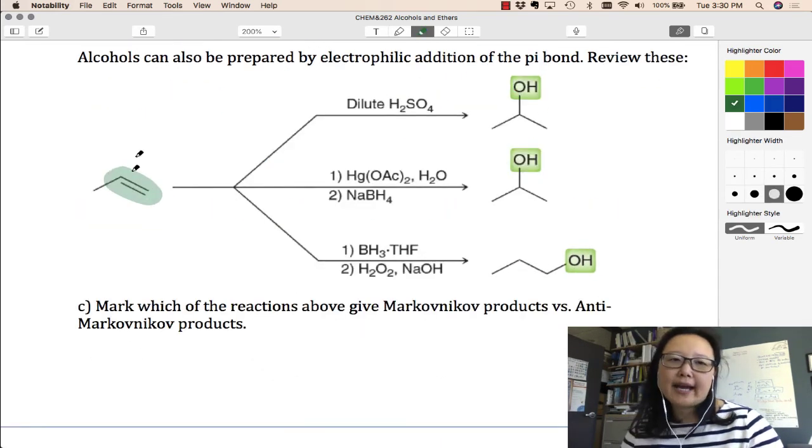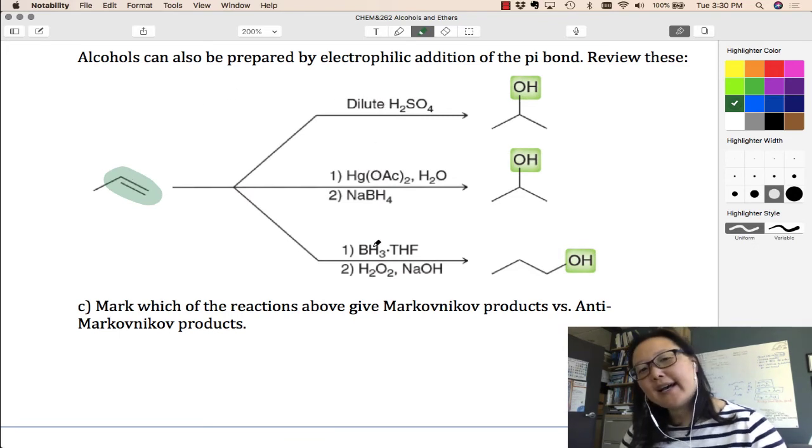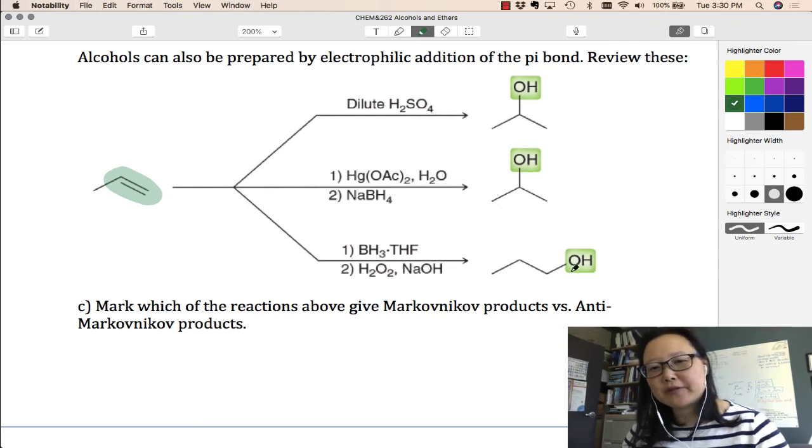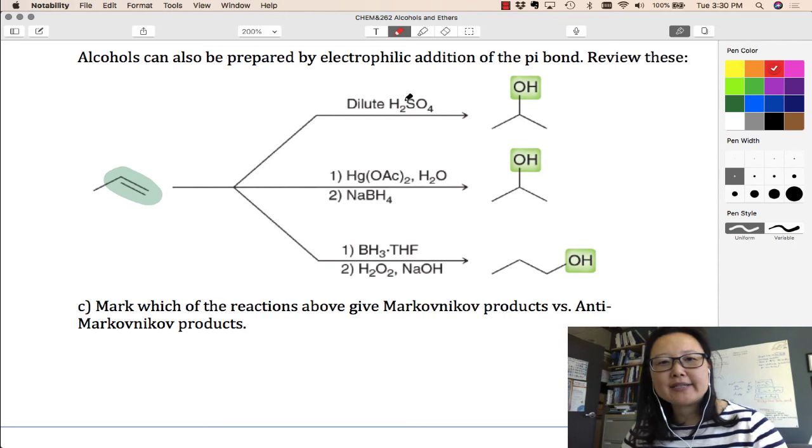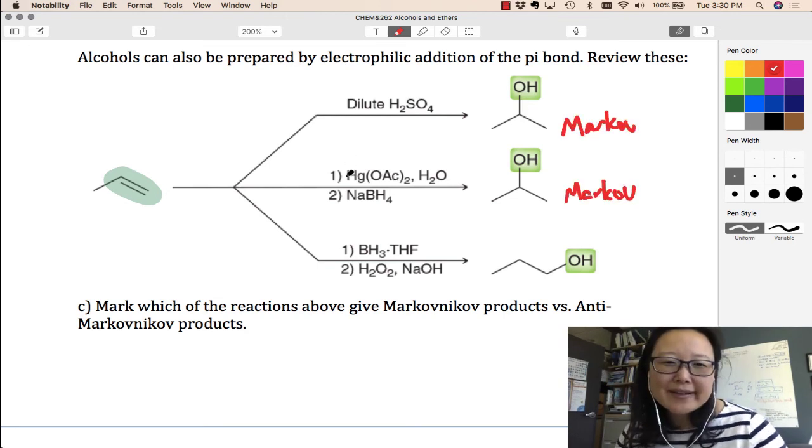You've also looked at pi bonds as our nucleophile, attacking these different reagents to get an OH group. So notice that with the dilute acid, you get addition in the Markovnikov position, as well as with oxymercuration reduction, you also get an OH here in Markovnikov. Don't forget that the acid will result in carbocations, so that could result in rearrangements.